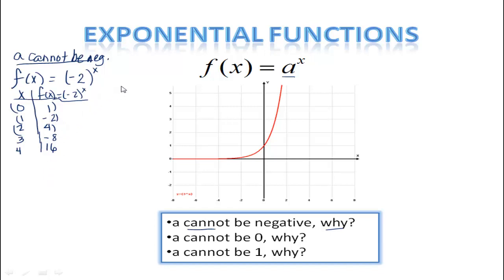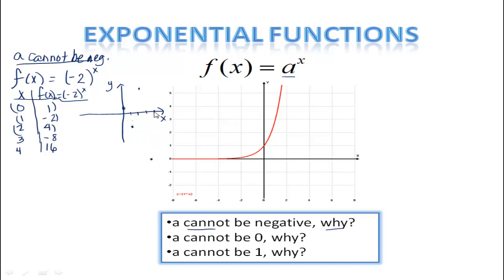If I try to draw that on a coordinate plane, that would be very erratic to have a function behave like that. For example, when it's 0, I get a dot here at 1. When it's 1, here's my 1 here. I get negative 2, so that's down here. When I have a 2, I get a positive 4. Let's say that's up here. When I have 3, I get a negative 8 all the way down here.